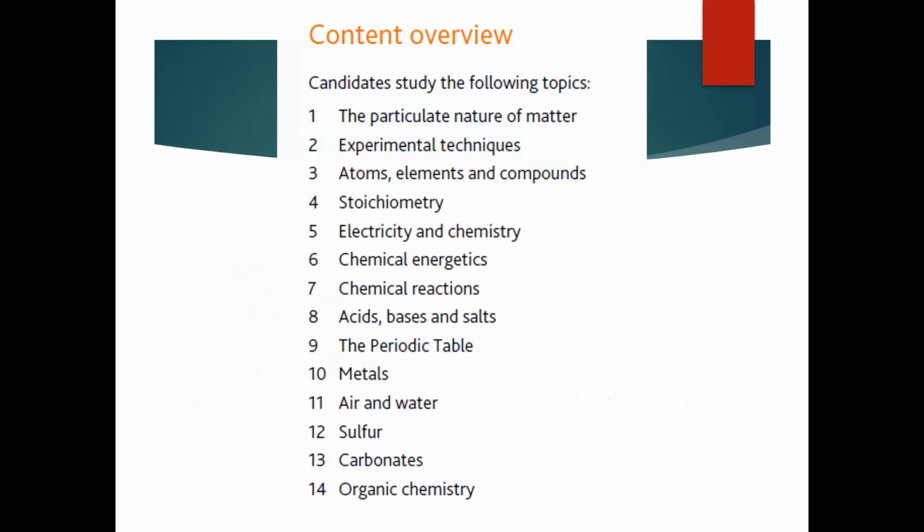The particulate nature of matter, experimental techniques, atoms, elements, and compounds, stoichiometry, electricity and chemistry, chemical energetics, chemical reactions, acids, bases, and salts, the periodic table, metals, air and water, sulfur, carbonates, and organic chemistry.